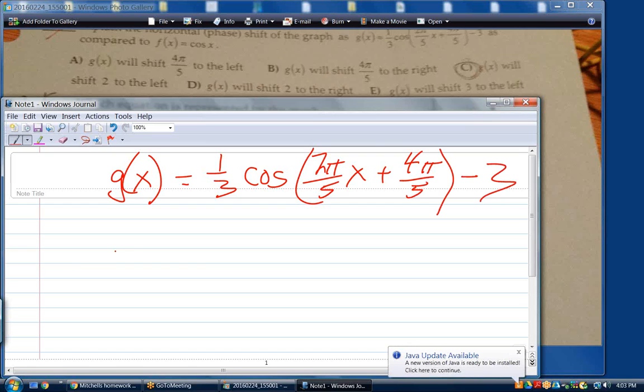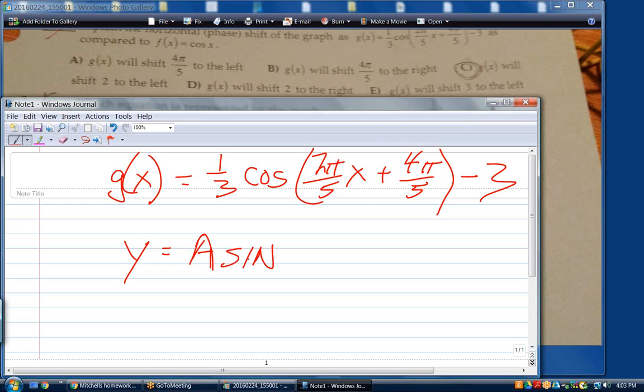What's the standard equation of a sinusoid function? What's the general format? Is it a cosine or a sine? A sine, then parentheses bx minus c, plus d.